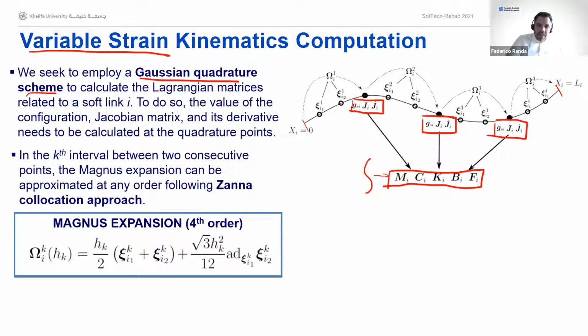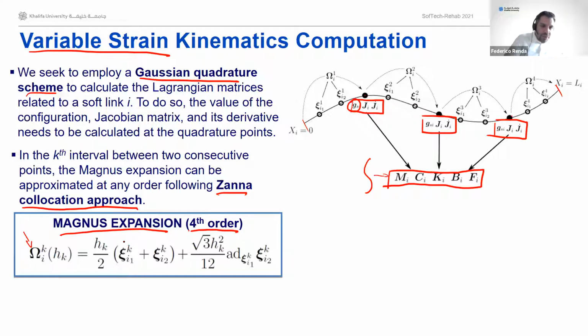How do we do that? Let's start with the configuration. So what we do, we take an approximation of the Magnus expansion. The Magnus expansion is an infinite series, so if you want to compute it, you need to truncate and approximate somehow. Again, we use the Zanna collocation approach in order to approximate the Magnus expansion at different orders. For instance, here a 4th order is reported, but there are 6th order or whatever order you want.